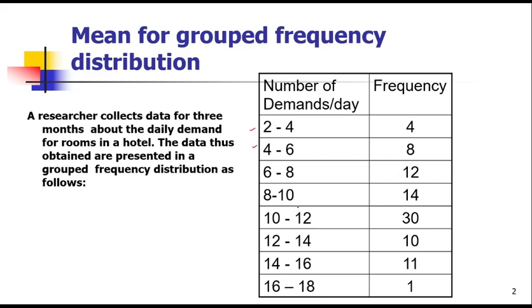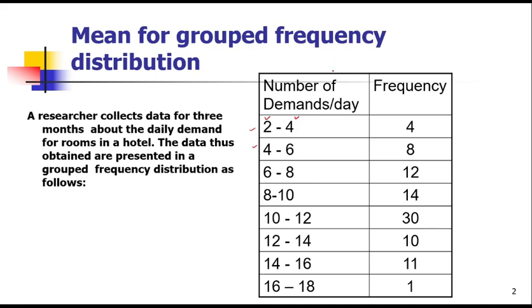So this is the way in which the data is obtained. From here we cannot go back to the raw data, but once we have the raw data we can construct a frequency distribution like this, and if we want we can change the class intervals also. This is called the lower limit of the class, this is the upper limit of the class, and these are the frequencies. This way the data is presented before me.